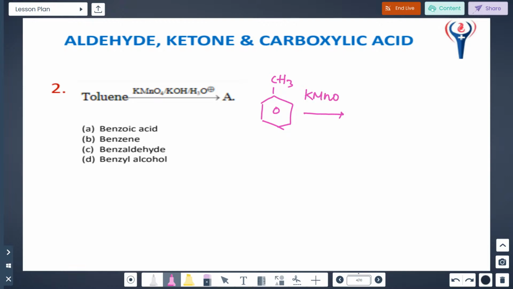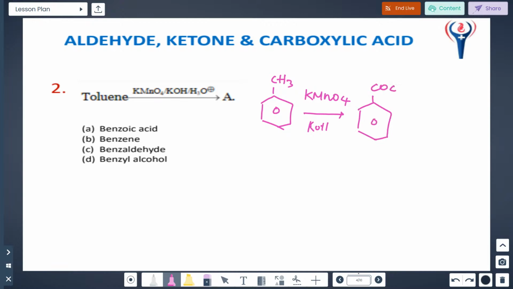Suppose you have a methyl group, ethyl group or propyl group, any group, if you oxidize by KMnO4, the salt of that acid is obtained. So here CH3 becomes the carboxylic acid group.